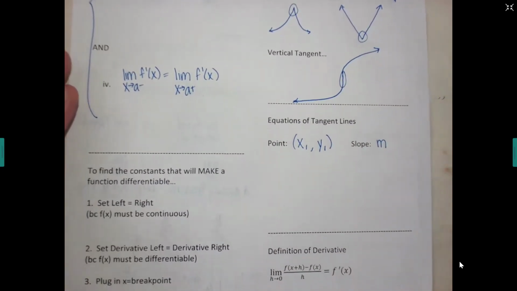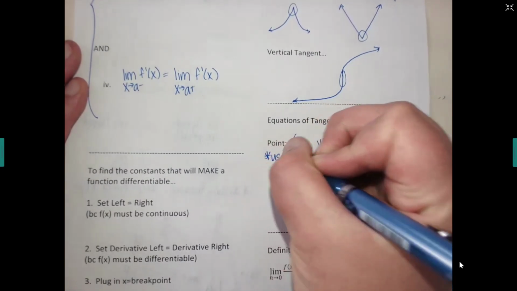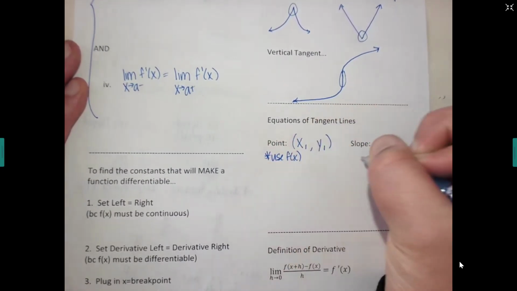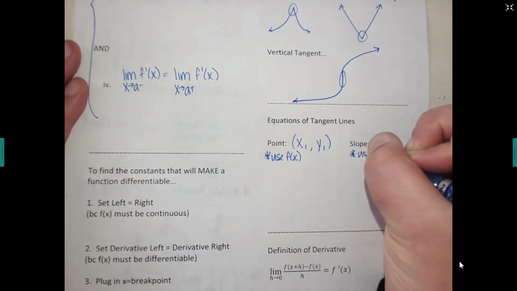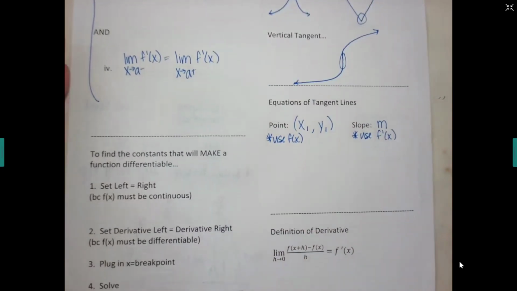Now, your slope comes from plugging x into which equation, the original or the derivative for slope? Derivative. So I'm going to put right here, you're using f of x for the point, and f prime of x for the slope. We'll do examples of all of these in a minute.